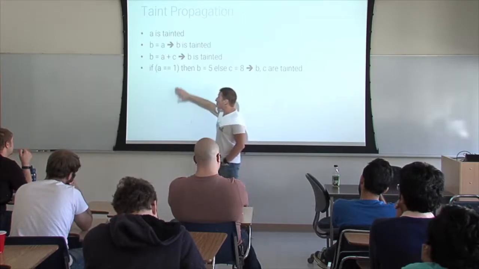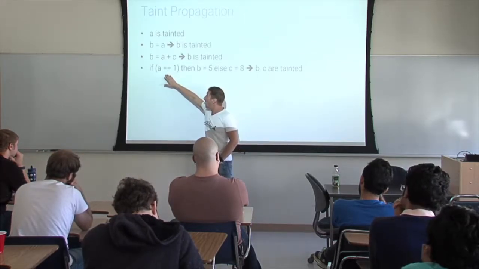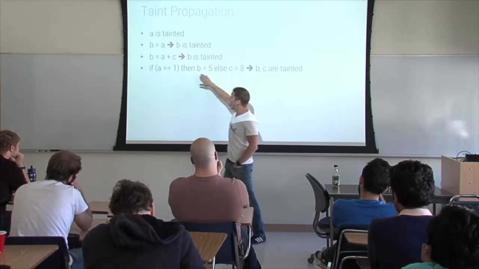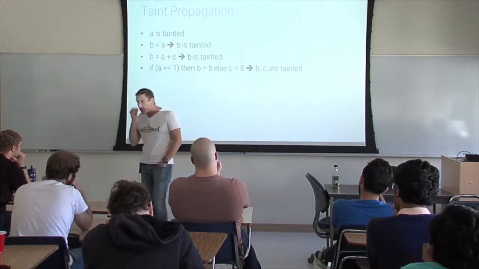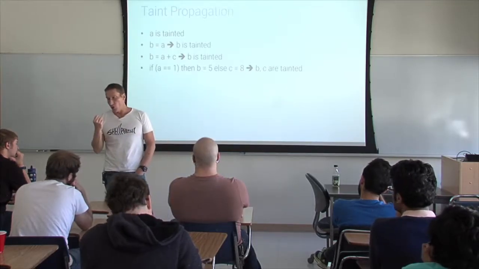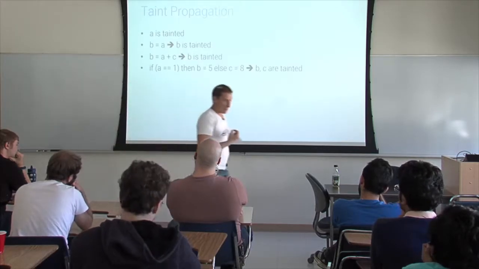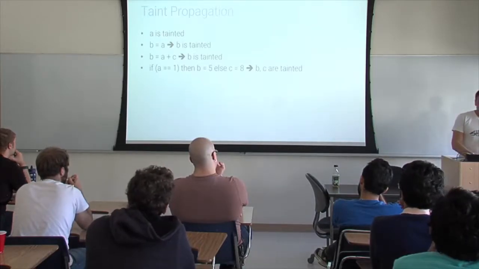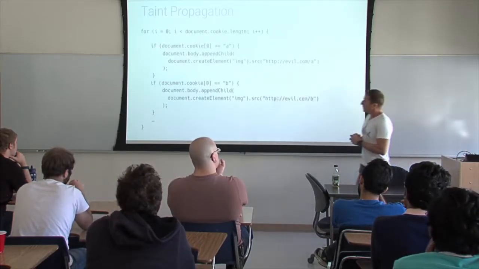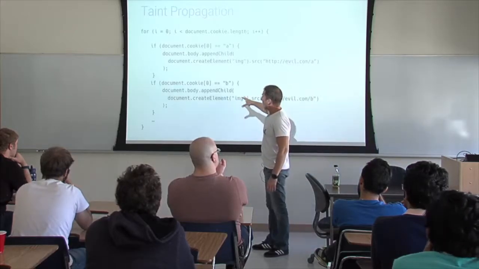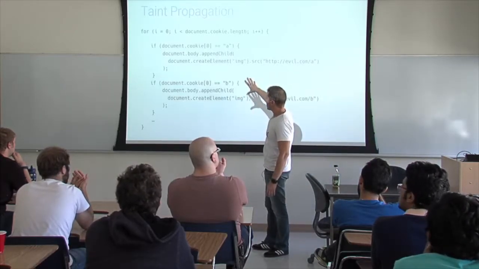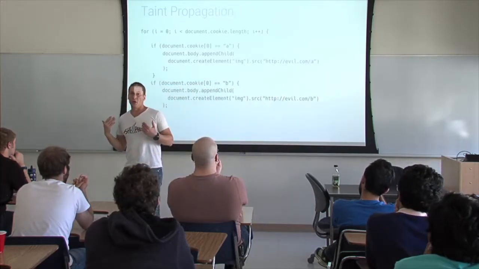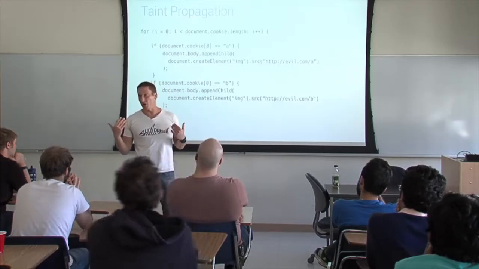More interesting, you have control relationships, where you can say if A is tainted and B equals 5, else C equals 8, both B and C are tainted as well, because in a way, their value has been determined as a result of analyzing the value of a condition. And for example, here, this is important because this is malicious JavaScript code that leaks the content of a document cookie.